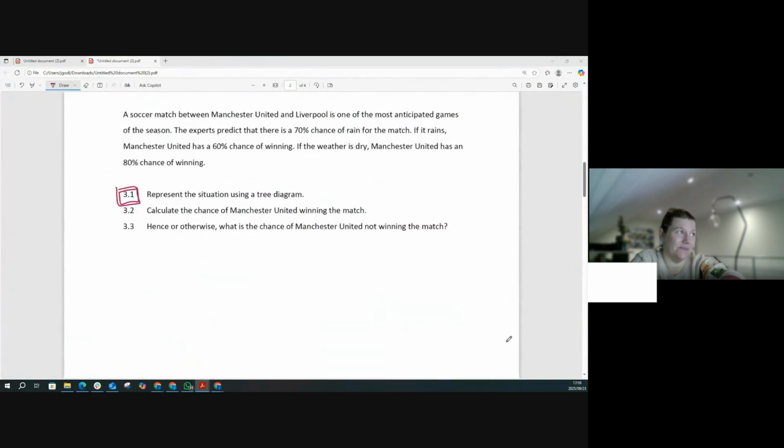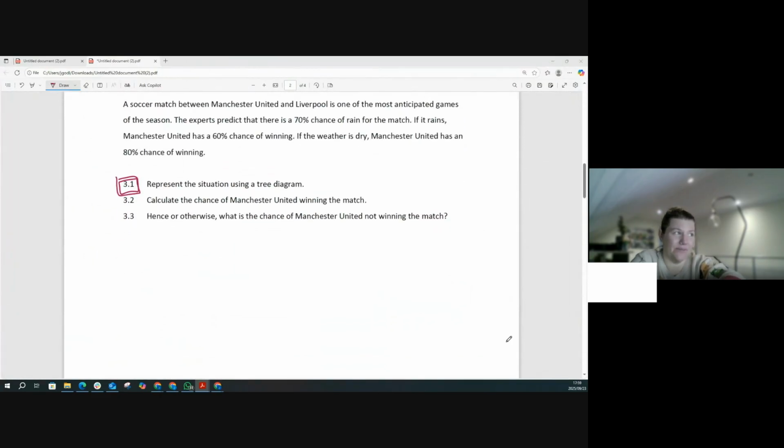And then we can think about what this one looks like. It should make sense. These are as hard as tree diagrams can get. So if you can do these ones, you can do all of them.